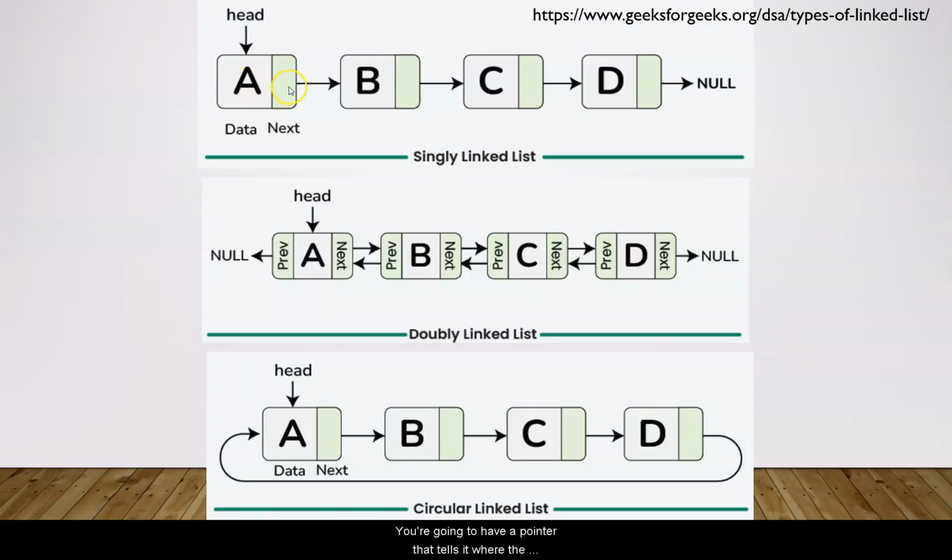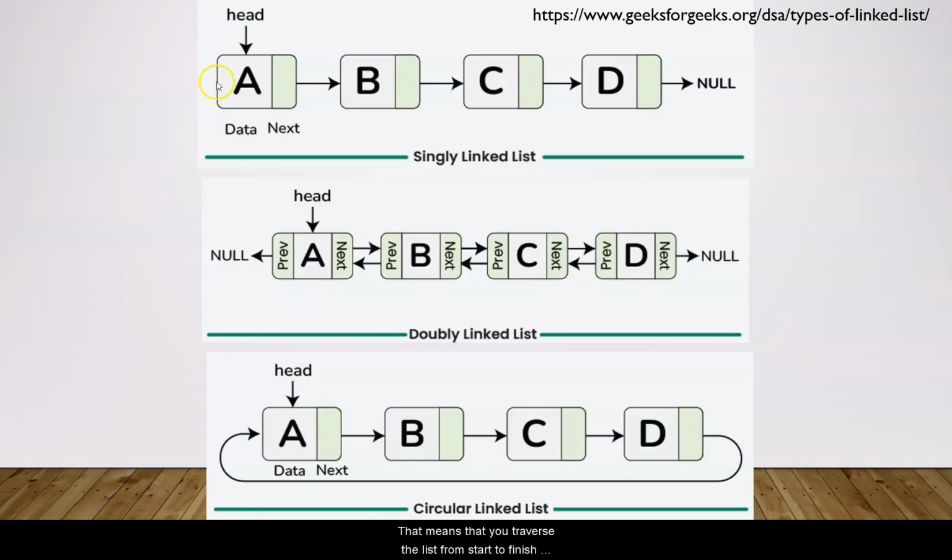You're going to have a pointer that tells it where the next section is in memory, right? The pointer is pointing to an address location in memory. And so we have a pointer pointing to the next location where that data is going to be stored. And then you'll have that data with the pointer that points to the next one. And the last one on the list is going to point to null, because that means there's nothing left, right? So that is called a singly linked list.